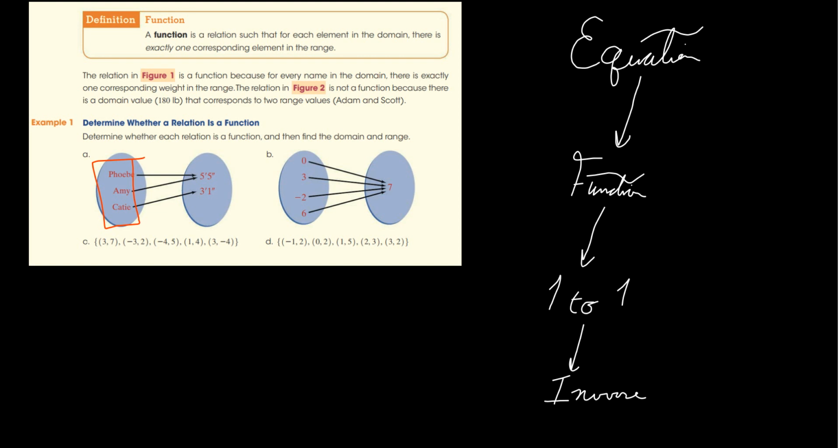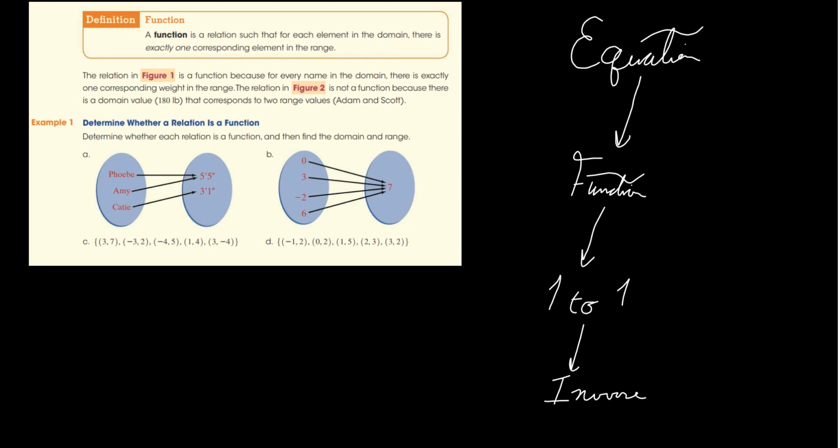This only goes to one, perfect. This only goes to one, perfect. It's the same one, but it only goes to one, perfect. And this only goes to one. So all of that is perfect. Now, A would be a function.